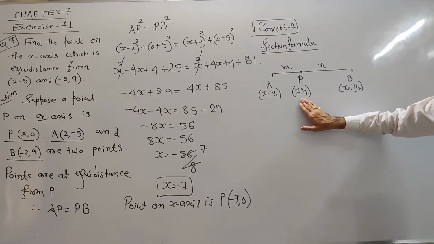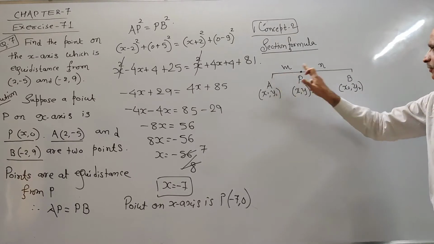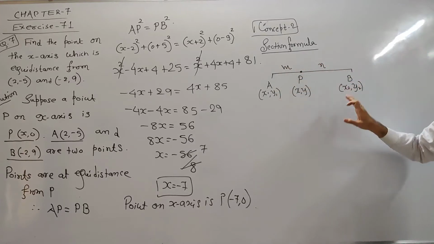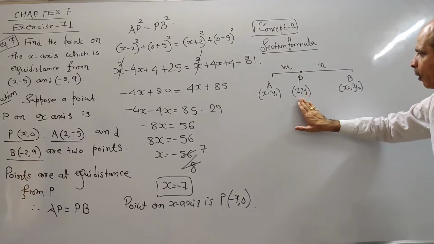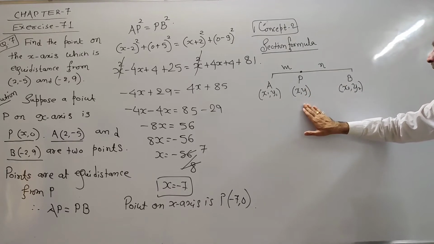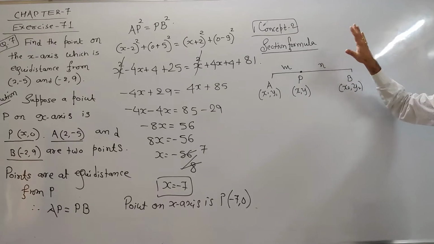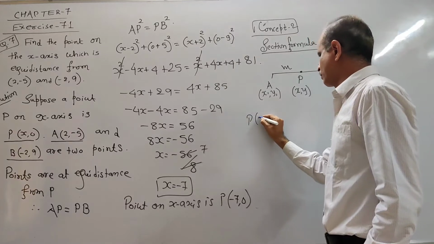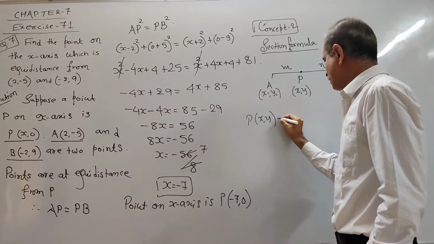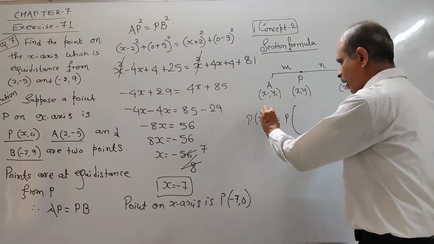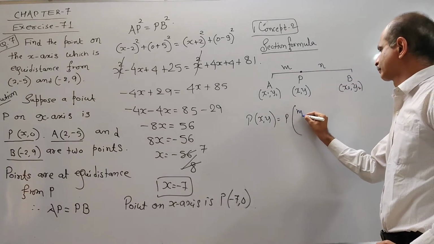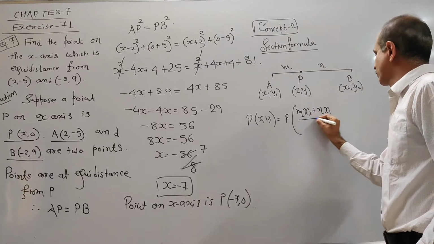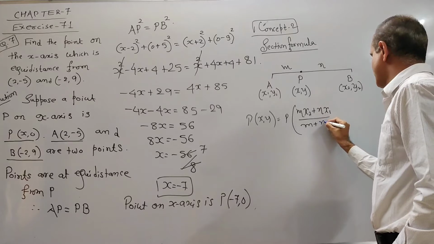Let me explain again. A point P(x, y) divides line segment AB in the ratio m to n. How to find the coordinates of P is known as the section formula. So the formula is P(x, y) equals P, where the x coordinate is (m x2 plus n x1) upon (m plus n).